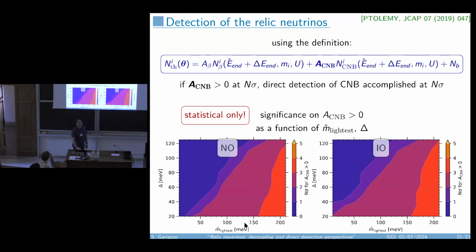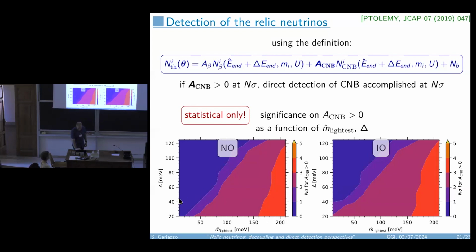Ideally, if the neutrino mass is quite large, then we have quite easy detection even if the energy resolution is not so good, but notice that these values are ruled out by cosmological measurements, and they are close to the current limit by KATRIN.